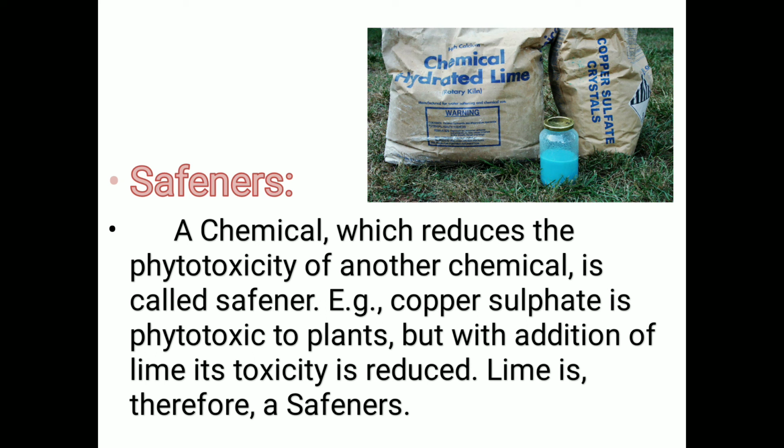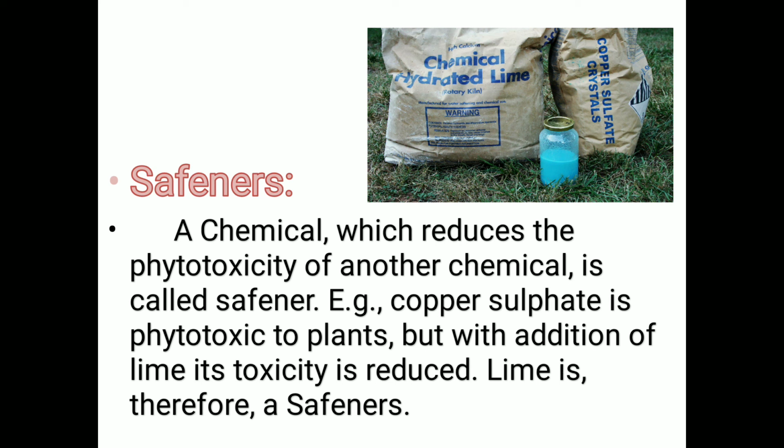Because if you use more copper sulfate, the Bordeaux mixture formed after preparation would be acidic in nature, and when such a mixture is applied to the leaves, it causes corrosion or harm to the leaves, because an acidic Bordeaux mixture is highly toxic to the leaves.